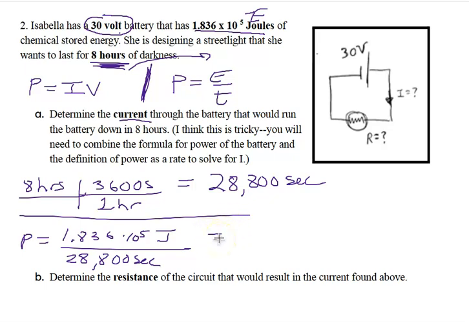So that is, sorry, on my PDF answers, I think I combined some formulas, but okay, so that is 6.375 watts. So it's a pretty dim street light, but that's okay. It is what it is. All right, so that's the rate at which the street light is using energy. Now we're ready to use the other formula, power equals IV.